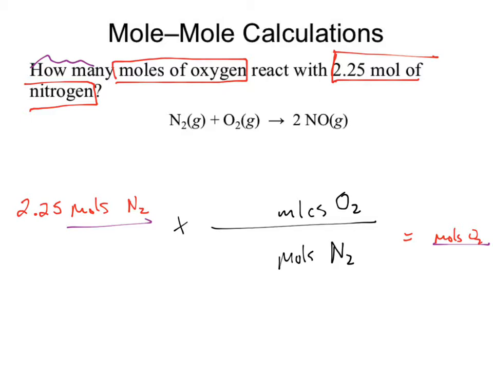Okay? Where do I find the relationship between the moles of oxygen and the moles of nitrogen? From the balanced chemical equation. Where's that information stored in the balanced chemical equation?